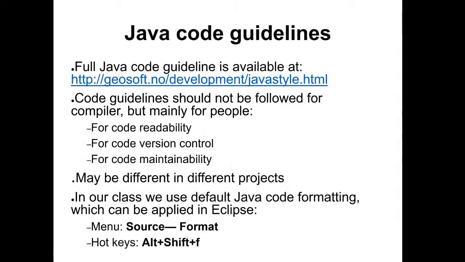And here you can find some Java code guidelines. Actually, there are lots of resources on the internet where you can find guidelines for Java code, so you're welcome to check them. Be sure that your code is readable for other developers, right? That's pretty important.